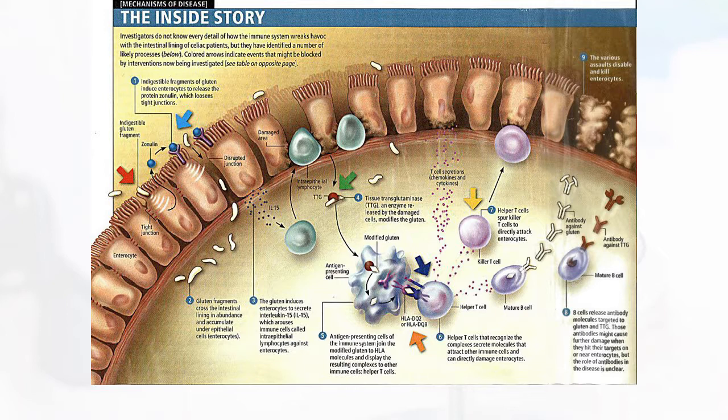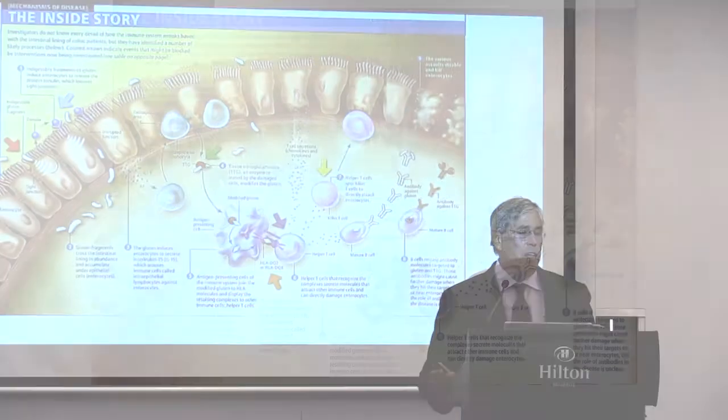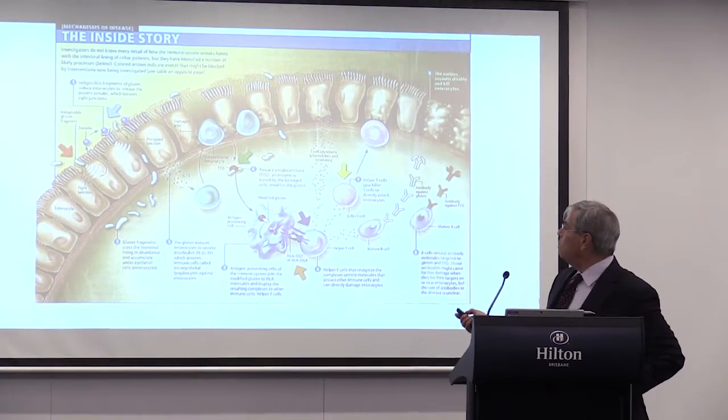The enterocytes also send chemical messages to T cells, which causes them to migrate up into the lining, and that's a dangerous process. It damages the enterocytes, and the enterocytes respond by producing an enzyme called tissue transglutaminase, which we looked at a few minutes ago. That's a product of damaged enterocytes.